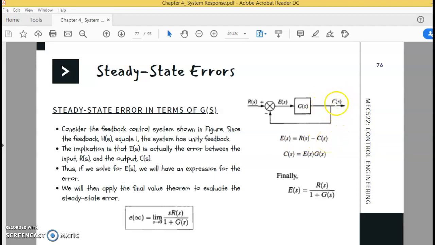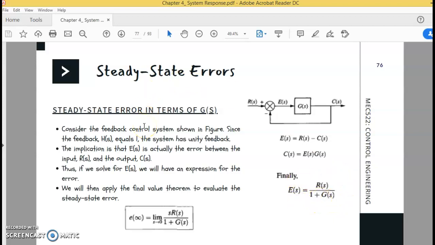Then C(s) is G(s) multiplied by E(s). But we want the error, so we want E. You replace C by E(s)G(s), so you get E(s) equals R(s) minus E(s)G(s). Bring E(s)G(s) to the left side, you get E multiplied by 1 plus G(s). Finally you get E equals R divided by 1 plus G(s). This one is for the error.